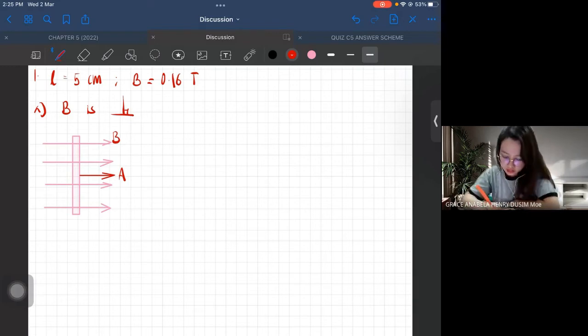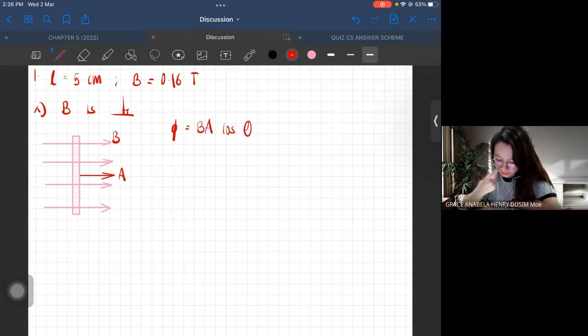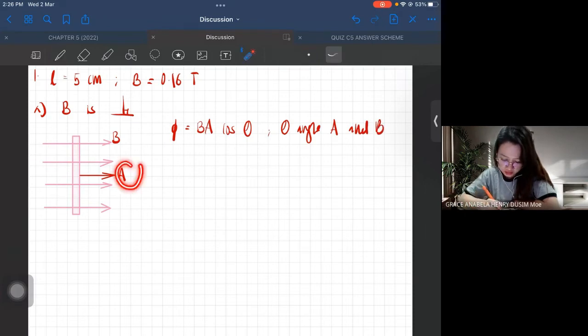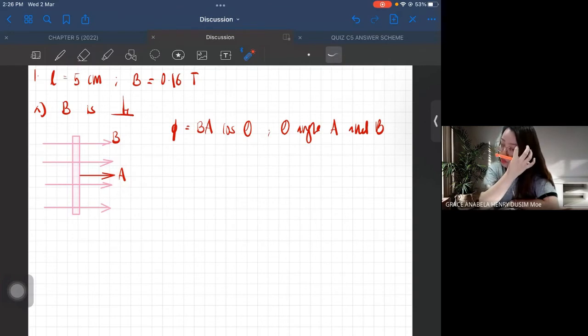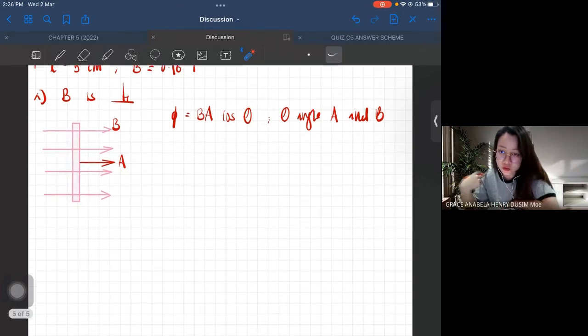Magnetic flux is BA cos theta, where theta is the angle between A and B. The vector A is always normal to the surface.